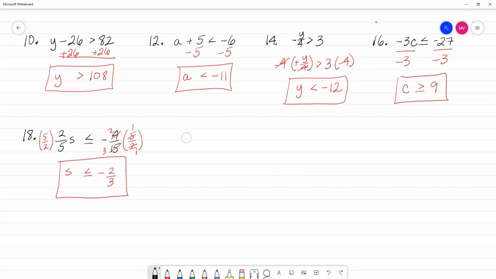So for number 20, we have -3/4 times t is less than -9/10. So what do we multiply times both sides? -4/3.